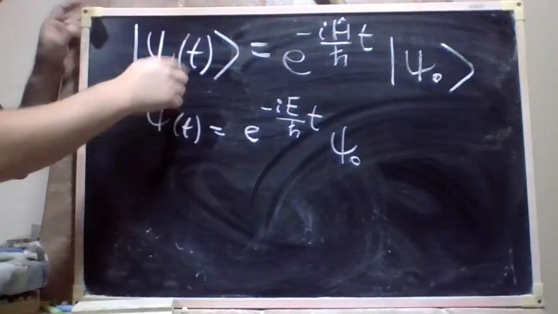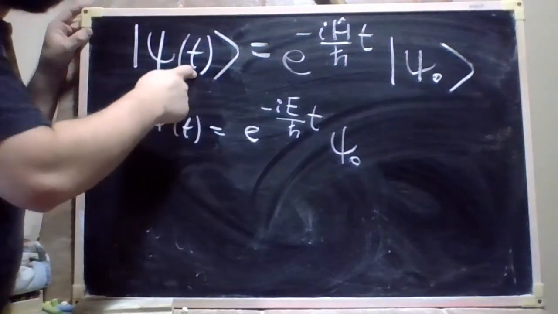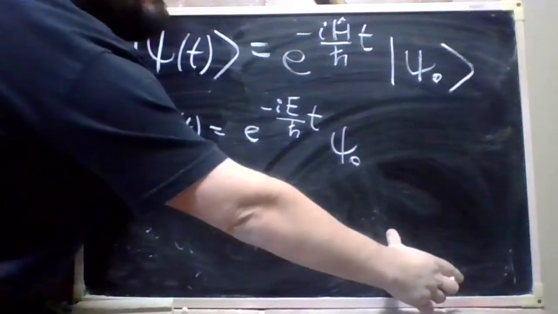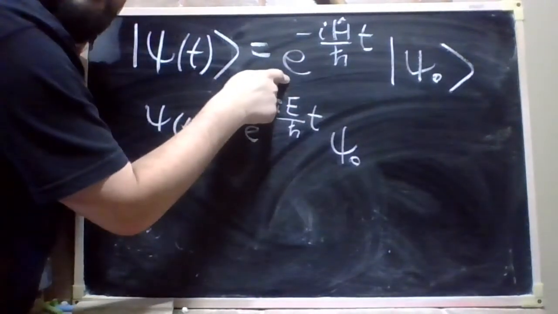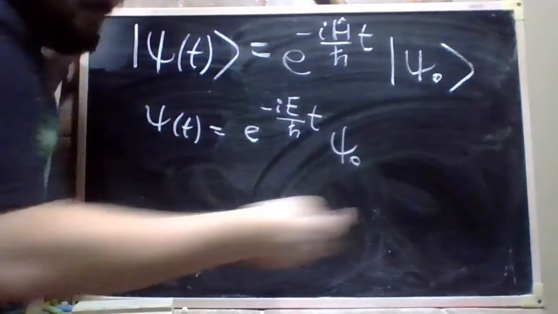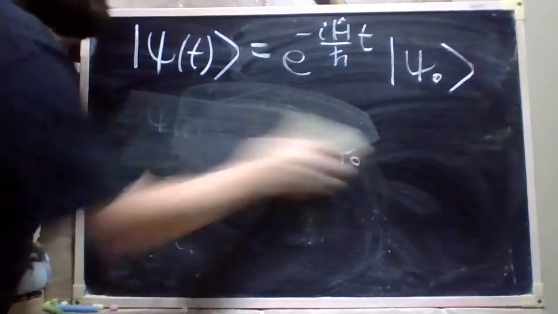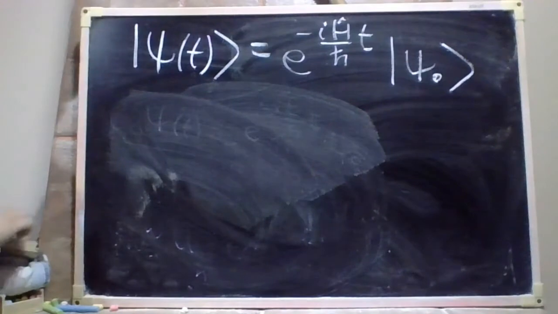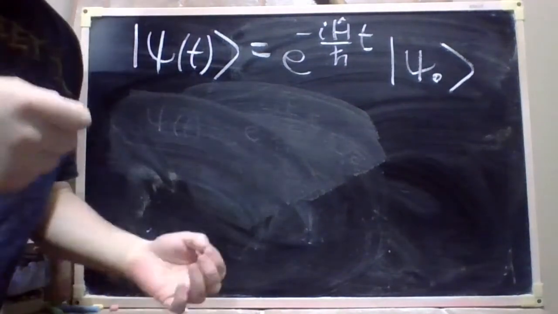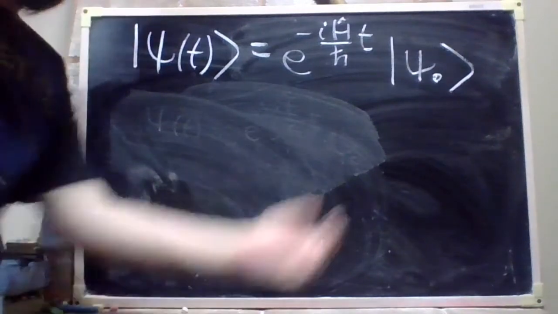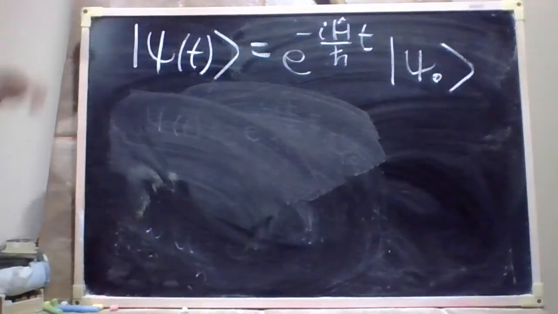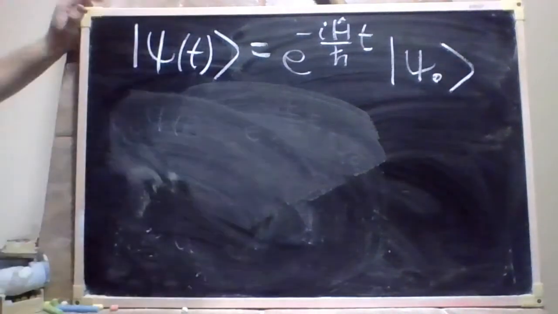So a complex vector evolved to time t is just a complex vector at time t equals 0 multiplied by a unitary matrix, which produces complex rotations. All right. Now it's more than just a rotation in a complex plane. It's a rotation in the Hilbert space, all right, which is a complex vector space.